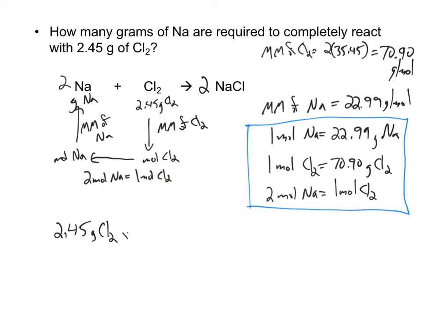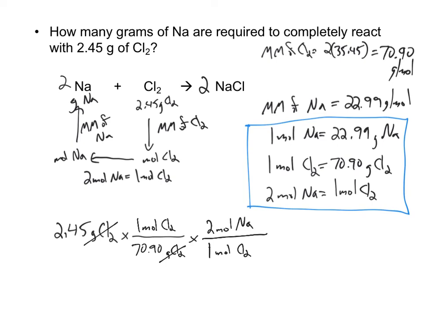I need the grams of Cl2 to go away, so I'm going to use the molar mass of Cl2 first. Then I'll use my stoichiometric coefficient, so 1 mole is 2 moles of sodium.